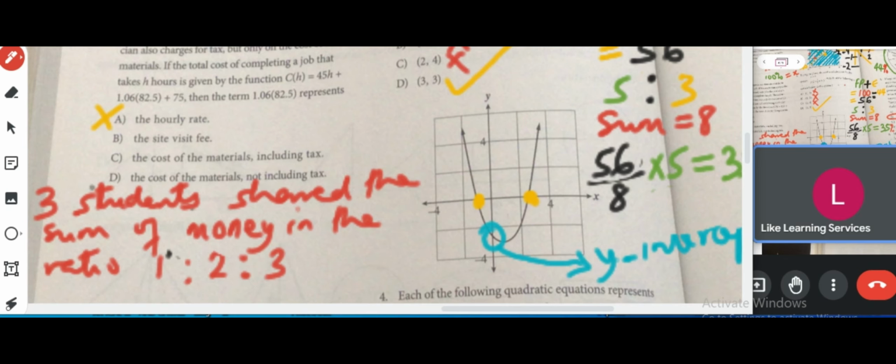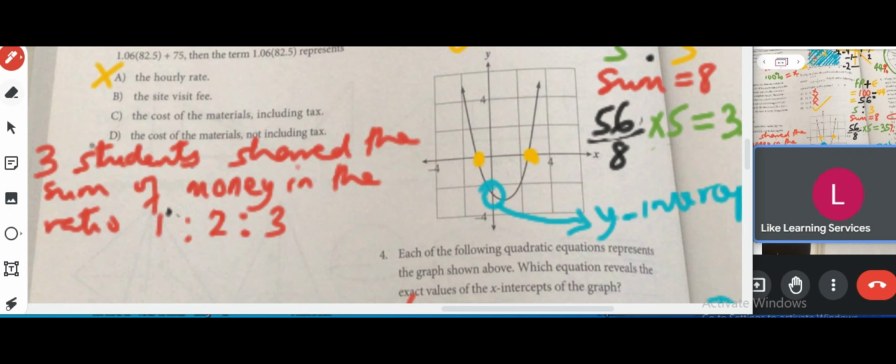In the ratio 1:2:3, if the highest share is 90, if the highest share is, okay, let me use this. Hold on.